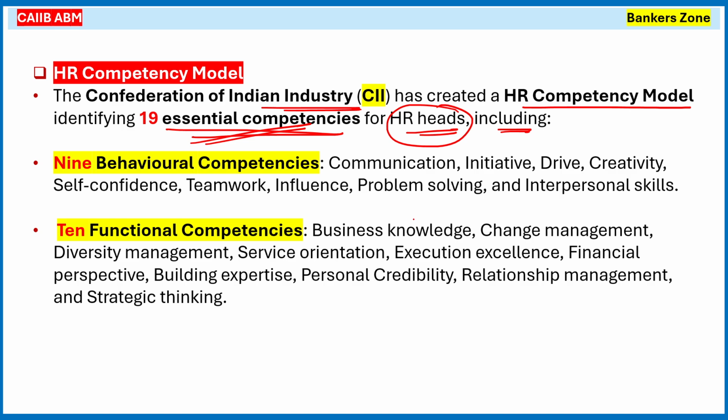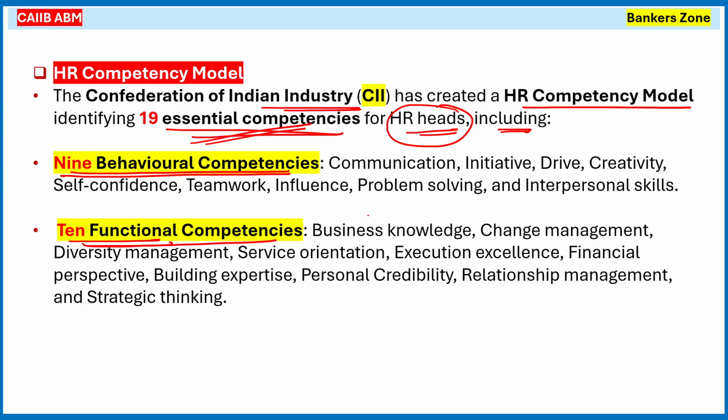Out of those 19, simply remember that 9 are about behavior and 10 are about function. So 9 are behavioral competencies and 10 are functional competencies in the CII's HR competency model. Total 19 competencies are there. What must the HR have?